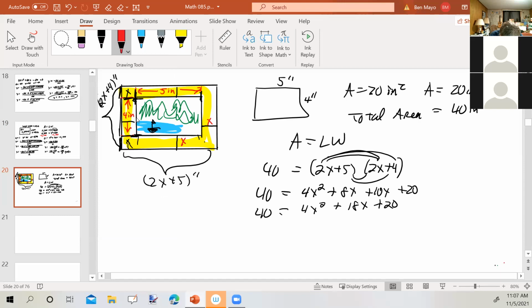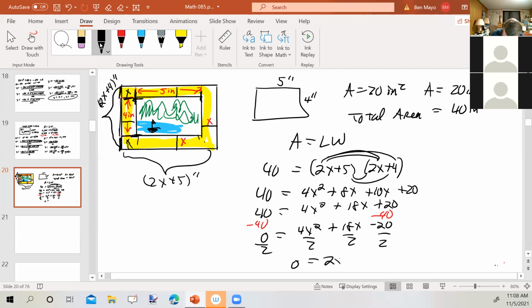We will subtract 40 from both sides. 0 equals 4x squared plus 18x minus 20. We can divide everybody by 2. 0 equals 2x squared plus 9x minus 10. Okay, I'm going to take that and go to the next page.